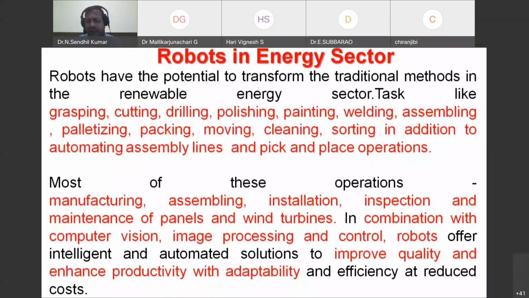As I already told you, manufacturing, assembling, and installation can all be utilized very well in the field also. So robots will improve the quality and enhance the productivity of renewable energy systems.